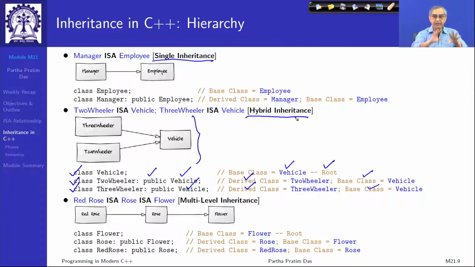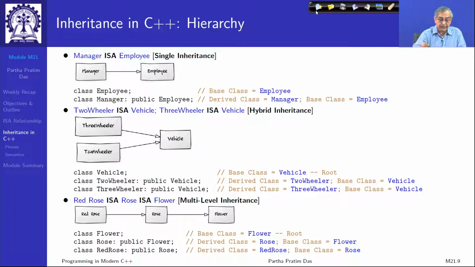So, if we talk about hybrid inheritance, we can visualize this kind of a tree diagram. Then we can have the rose example. We know red rose is a flower. Flower is the most generic concept, so it becomes a base class, it becomes a root. Then we have rose is a flower, so the derived class is rose and the base class is flower.